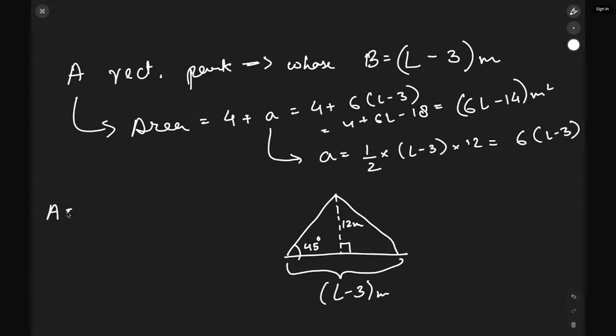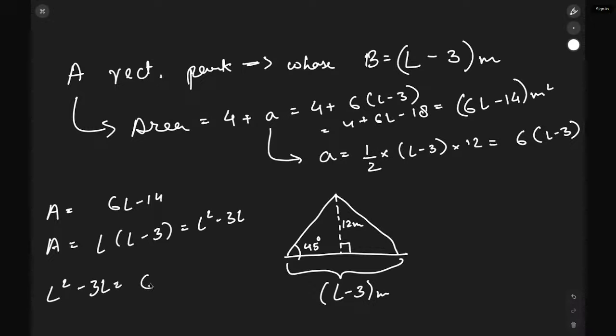This is the area A, capital A. Now capital A is equal to 6L minus 14. And capital A, if I calculate by B into L, will be L times L minus 3. So it will be L square minus 3L. Now this L square minus 3L will be equal to 6L minus 14. So L square minus 9L plus 14 will be equal to 0.